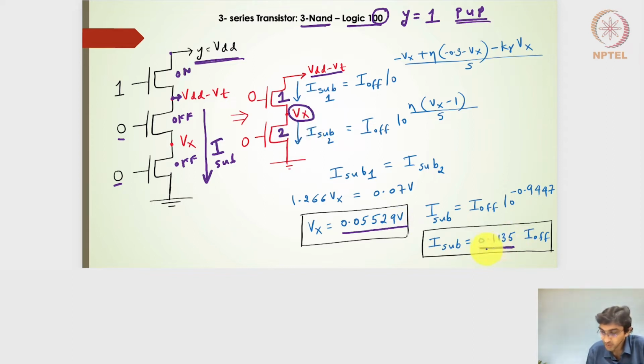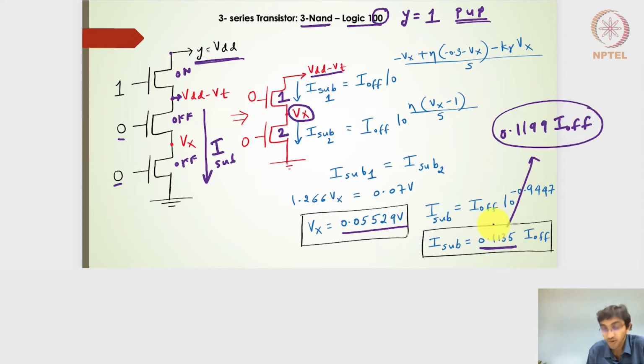It turned out to be 0.1135 multiplied by I0 current. If I compare that with 1.199 I0, which is for the two stacked transistors with VDD on one side and ground on the other side, this value is higher than 0.1135. Intuitively that is correct, because this VDD minus VT is a slight drop in the voltage as compared to the VDD value.